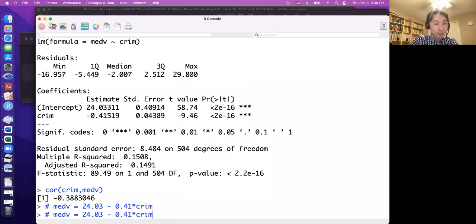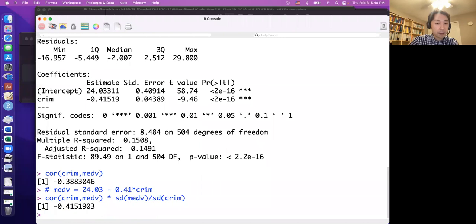Maybe I can just calculate it. So standard deviation of median house value divided by standard deviation of crime rate. Okay, so this is the one. The correlation itself is not shown here, but the correlation and this coefficient of crime rate differ only in the scale of the median value and the crime rate.